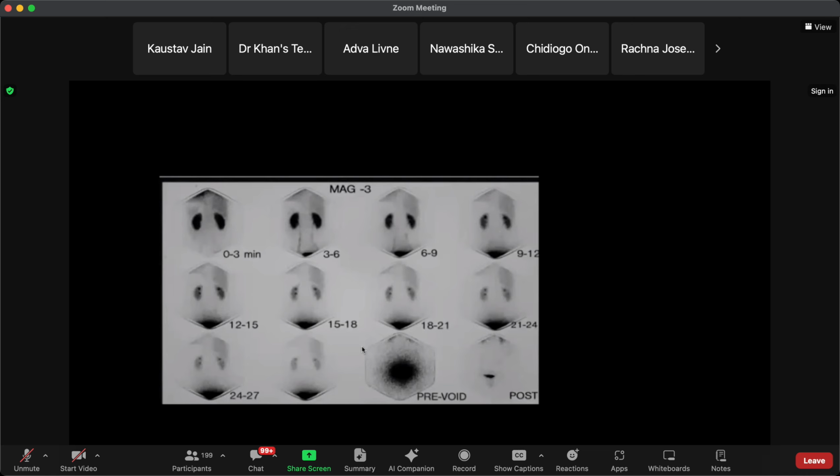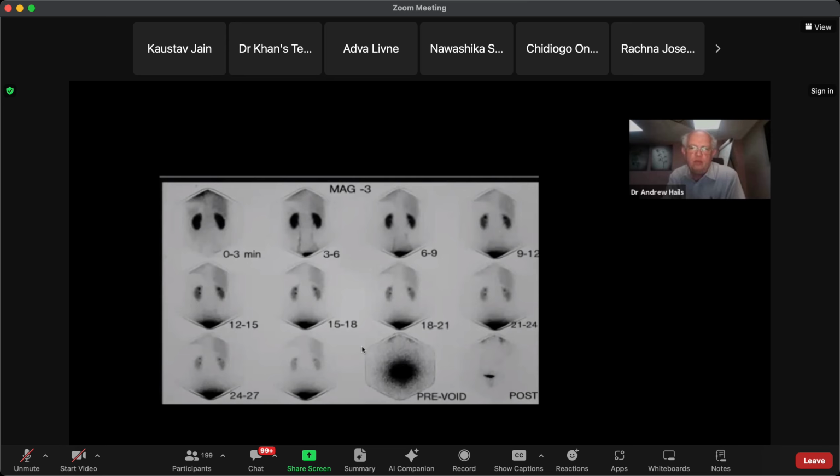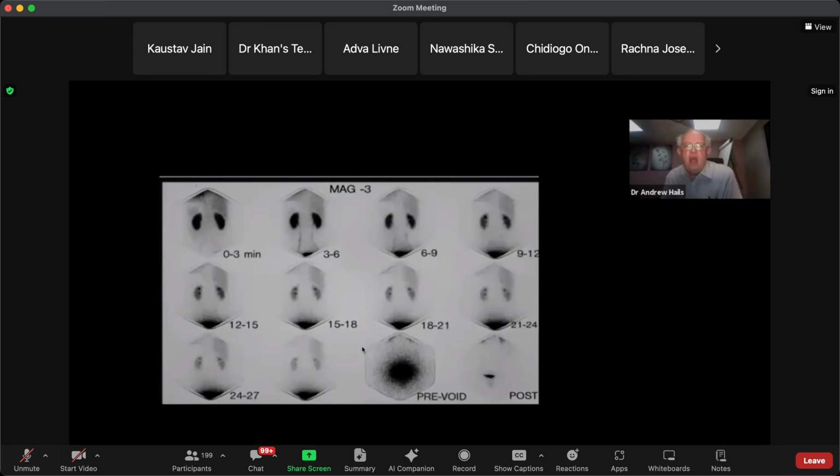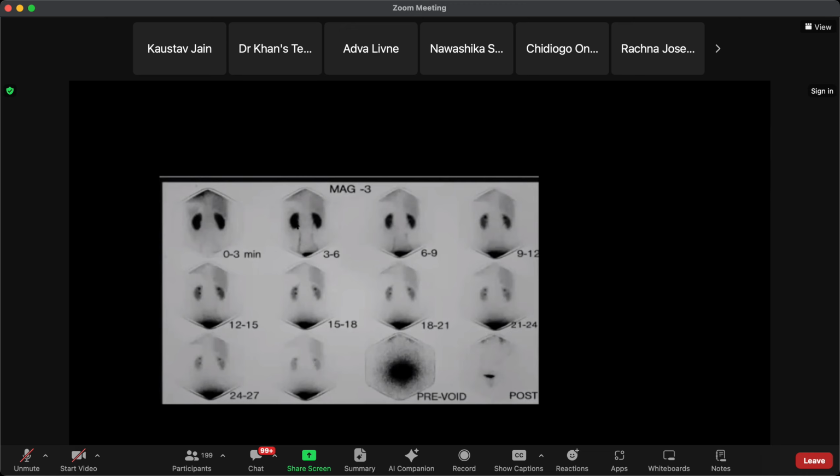Is this normal? It looks normal, yeah. Okay. Which kidney is this one? I think this is the left kidney. Yeah.